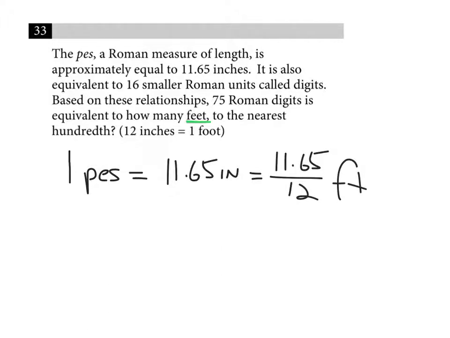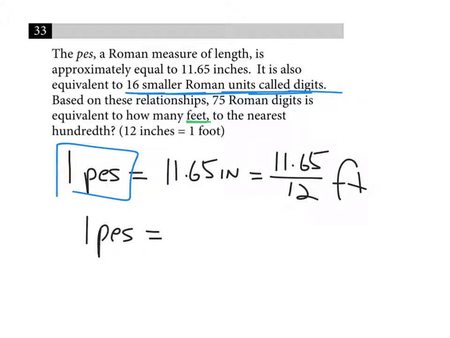Okay, so now they're saying this 1 pes is also equal to 16 smaller Roman units called digits. So 1 pes is equal to 16 digits. The question says, based on these relationships, 75 Roman digits is equal to how many feet? So they want to know 75 digits equals how many feet?